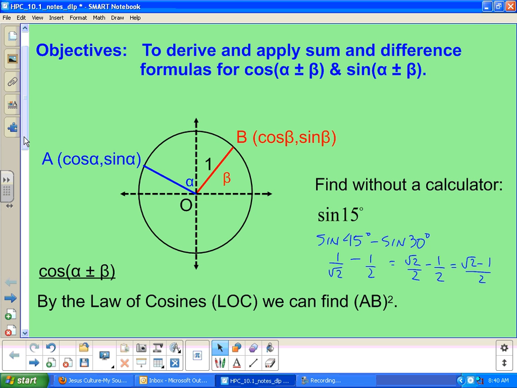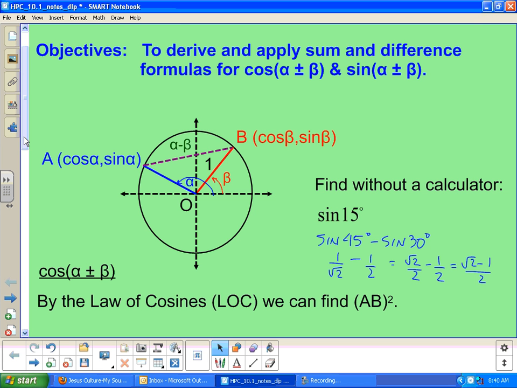And if we took alpha, which right now is this whole angle, and we removed from it the beta angle, we would get the difference of alpha minus beta as our angle that creates this triangle inside of our unit circle.